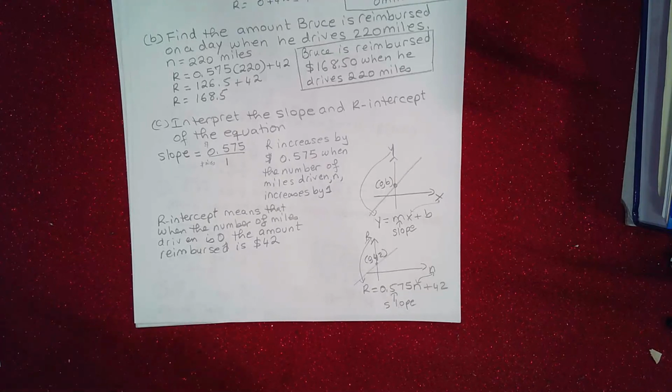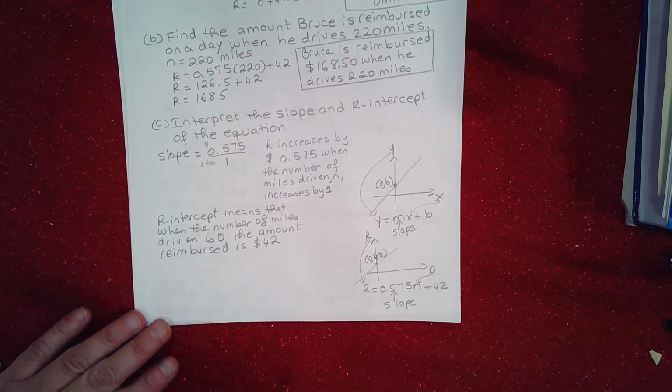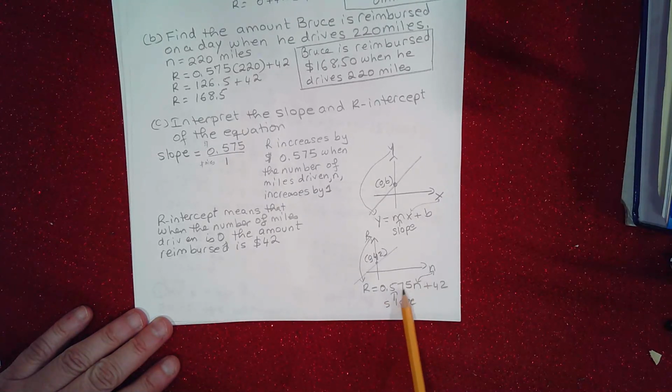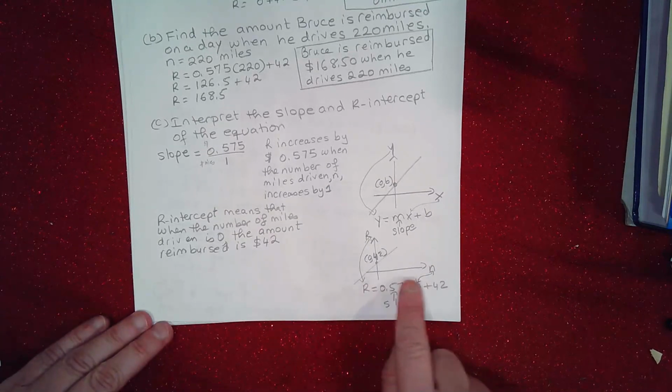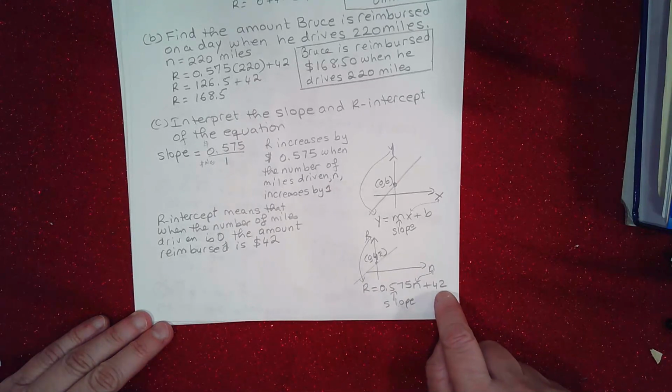When the number of miles driven is 0, the amount reimbursed is $42. You can also see it from this equation. If you replace n with 0, 0.575 times 0 gives you 0. So immediately this goes away. R, which is the amount reimbursed, is $42 here.